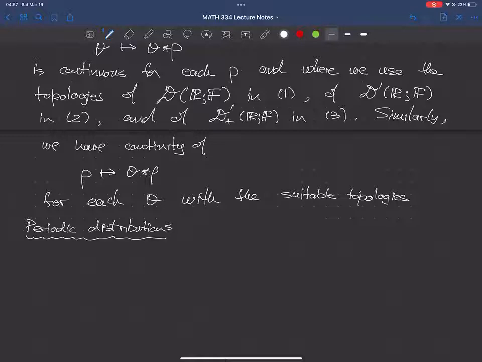One way is that they are distributions that are periodic. The other way is to define them kind of separately as their own class of distributions with its own class of test functions, and define continuity and take continuous duals and the usual thing you do to define distributions. So let's make the definition in the latter sense, and then indicate how it's connected to the other way of thinking about things.